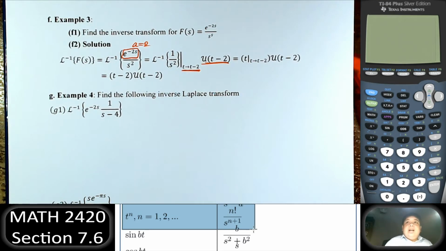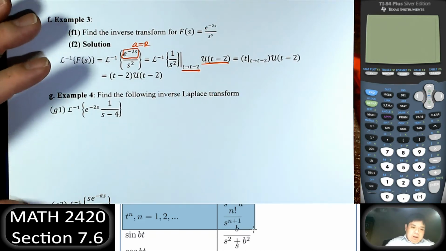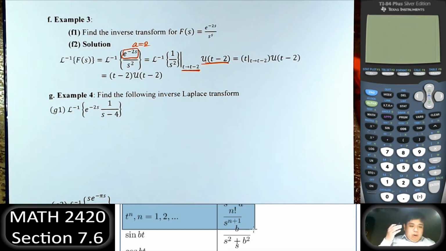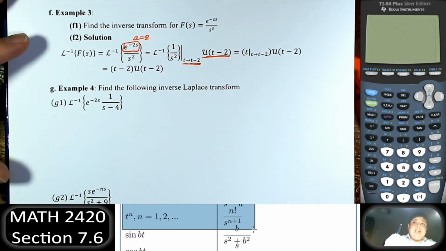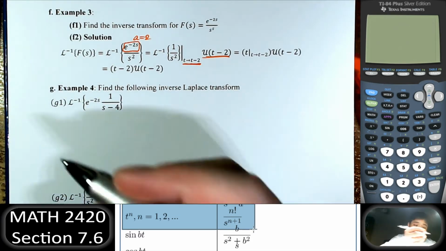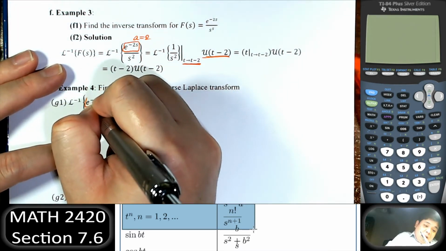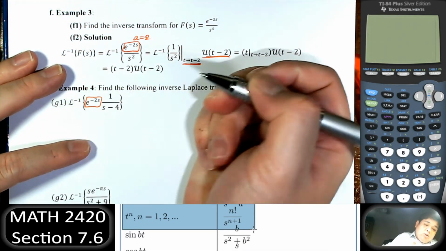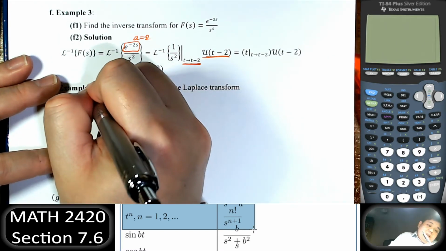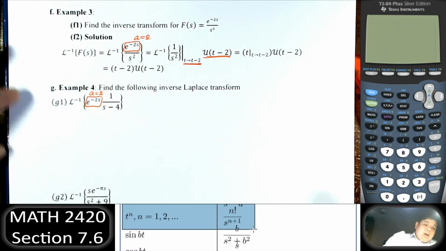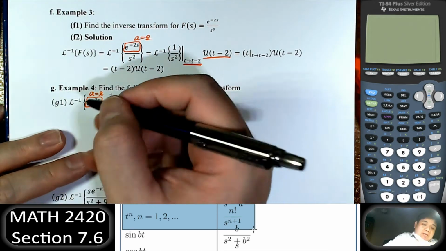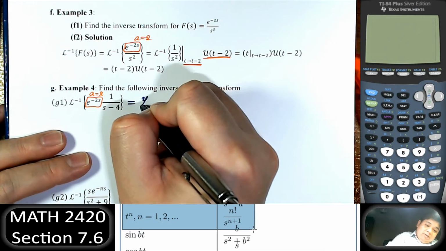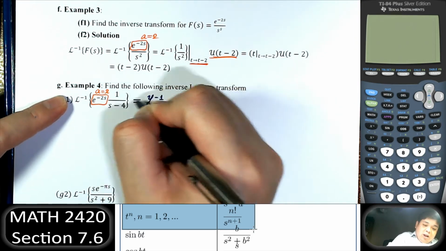So looks simple enough. So when we recognize that in the inverse Laplace transform we have the exponential, that's where we know that it requires the unit step function. So when we see it in the inverse Laplace transform, and we go from e to negative 2 pi s here, meaning a is equal to 2, we need to do two things. First, of course, we do the inverse Laplace transform of whatever is left.